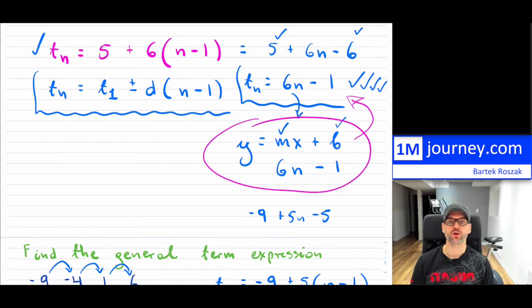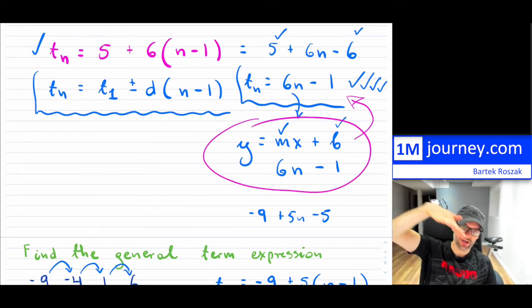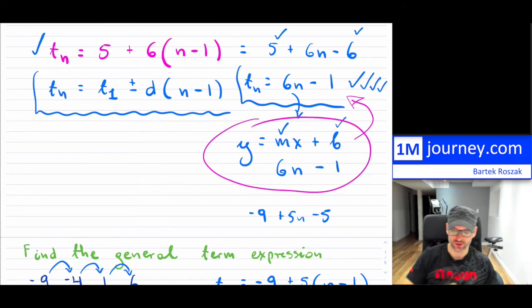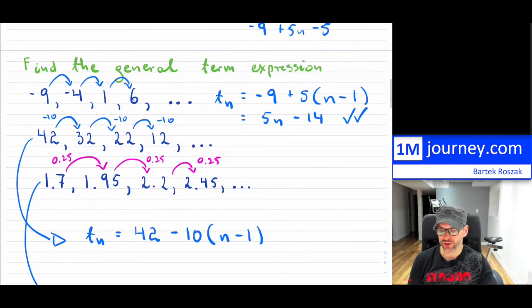And indeed, the slope is 6, okay, and the y-intercept is -1. So these arithmetic sequences are basically lines. And if they're increasing, it's going to be a straight line up. And if they're decreasing, it's going to be a straight line down. It's going to start somewhere and go down. All right? So that's how you can actually plot these for yourself. And this is how you can actually find the general term in the sequence.